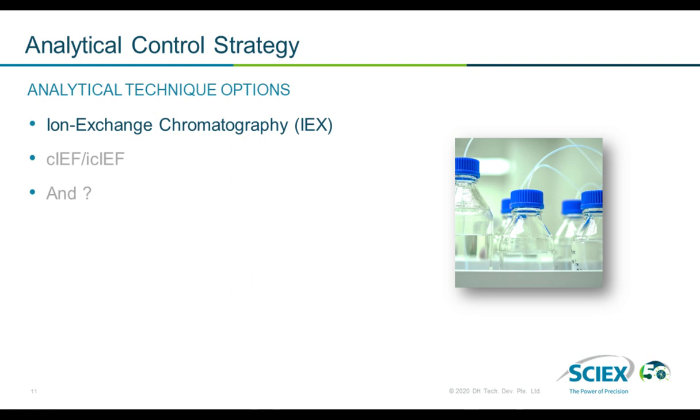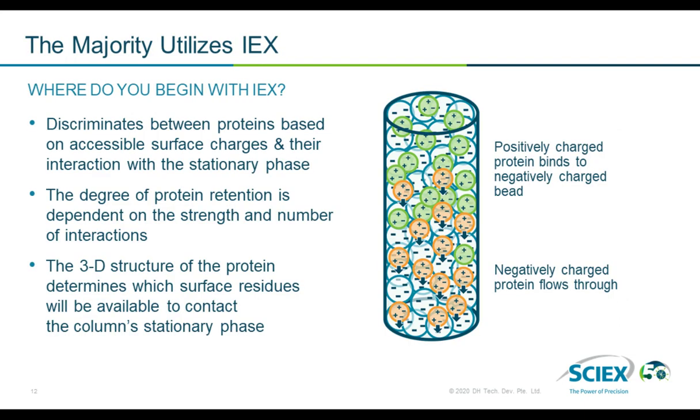And we'll start with a very commonly used charge variant technique, ion exchange chromatography. Now, many of us are familiar with ion exchange chromatography because we're familiar with using an HPLC. That might be the first thing that we learned going into an industry lab.